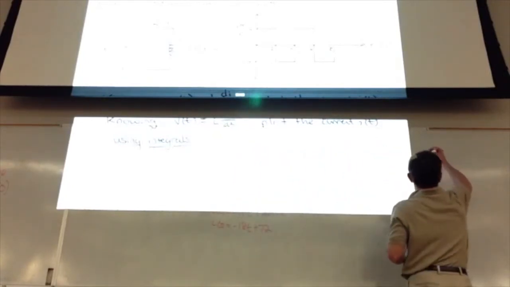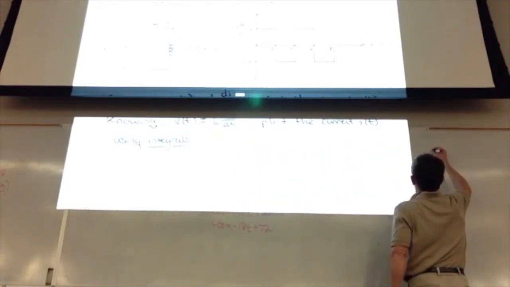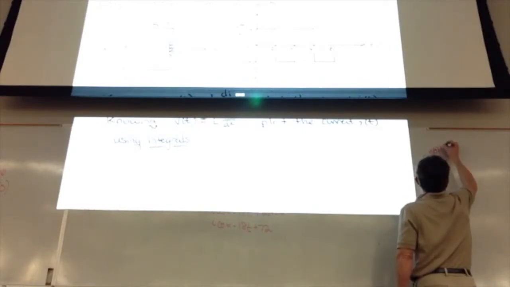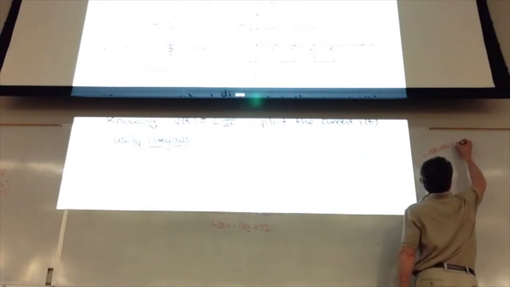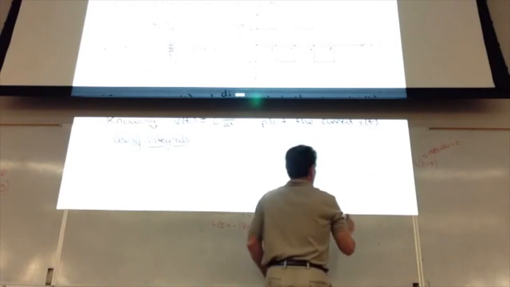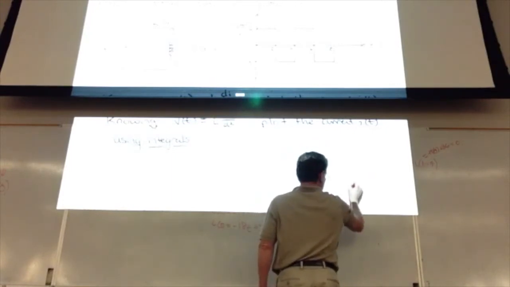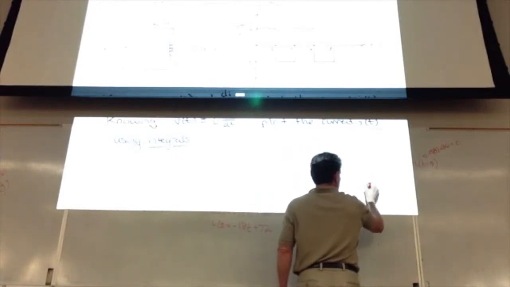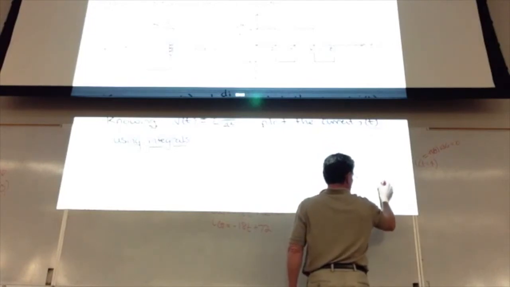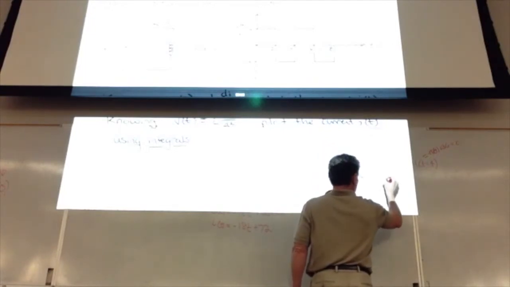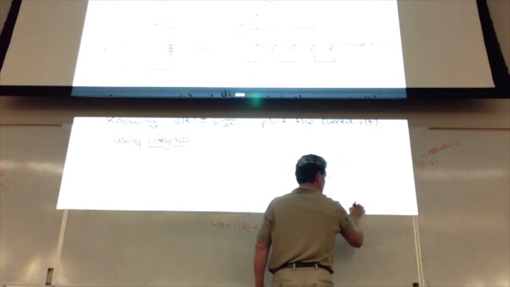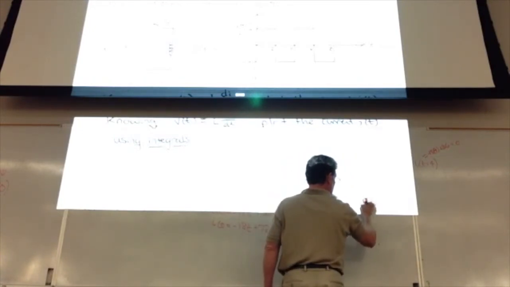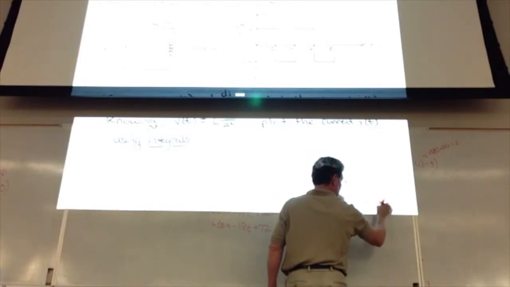So this number is going to equal, we get this from minus 18 times 4 plus 72, which happens to equal 0. All right, so I of t is equal to 2 times 9 times t evaluated between 4 and t. 18t minus 4.